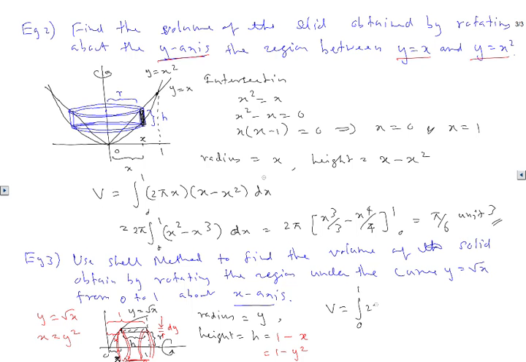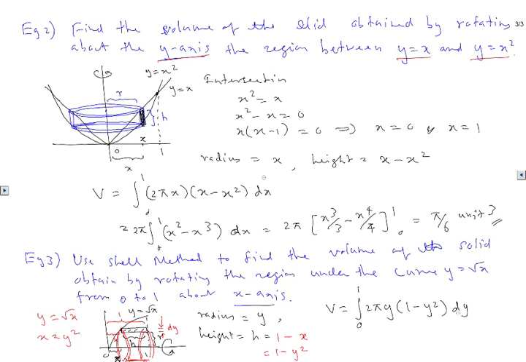It's 2 pi, the radius r equals y, and the height h equals 1 minus x, or 1 minus y squared, and the thickness is dy.